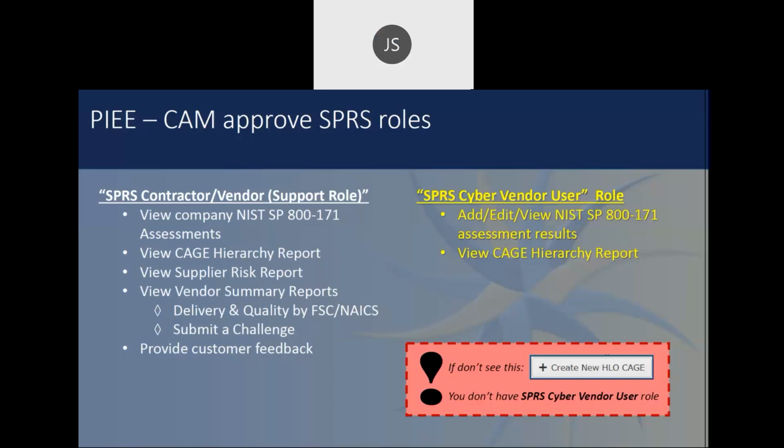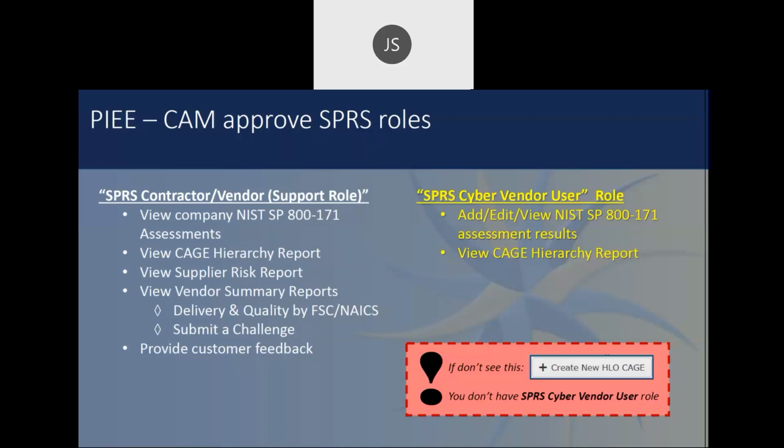If you are the person that's going to enter and edit the NIST results, you also need the SPRS cyber vendor role. There are two roles, right? And if you want to be able to enter the results, you're going to have this role as well. It allows you to add and enter. It also allows you to see the hierarchy. I will say here, there's another red box.